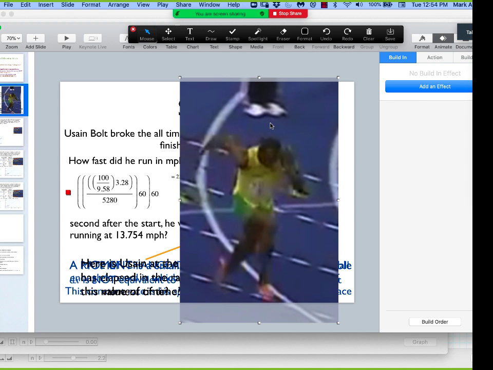Okay, but we're trying to define that speed, right? We're trying to define that rate of change. So given the time that the shutter was open, what can we say? His instantaneous rate of change was 13.754 miles per hour.